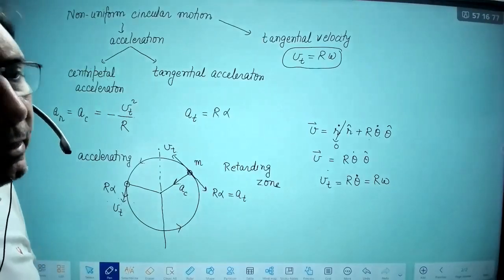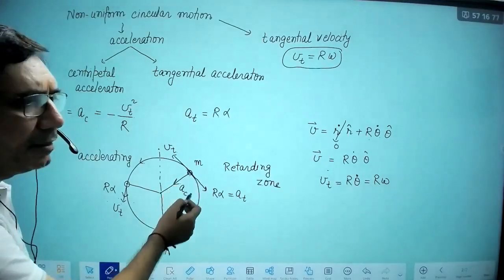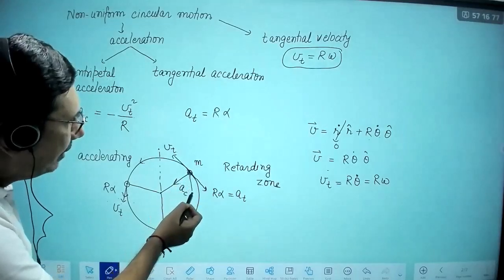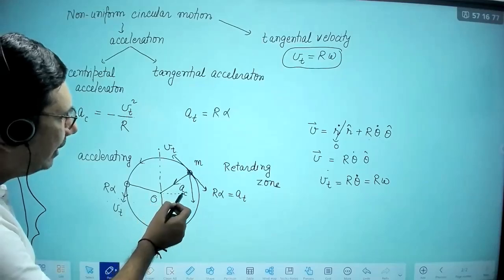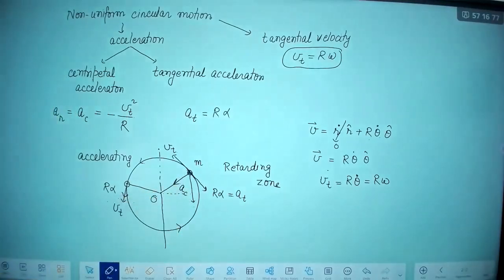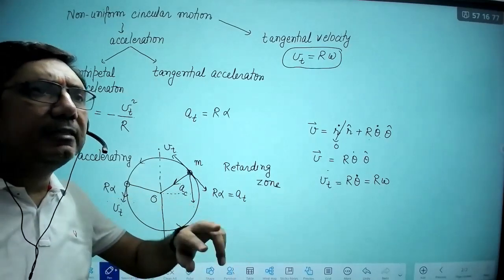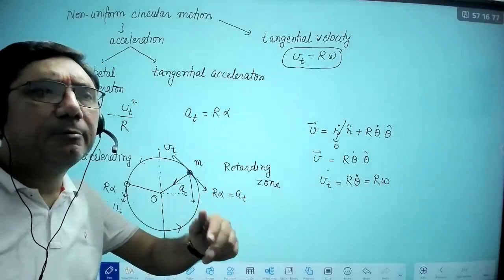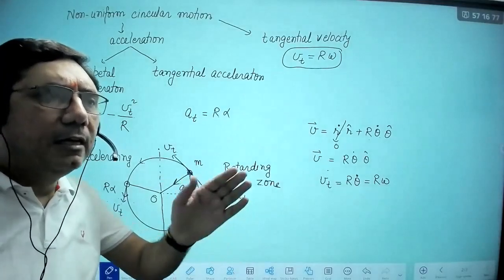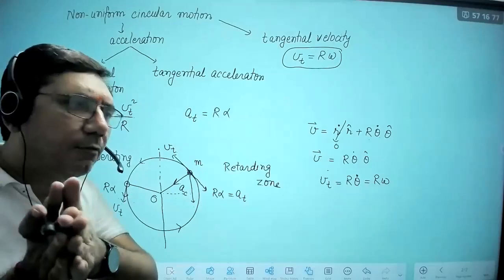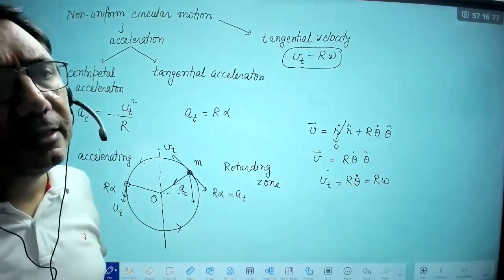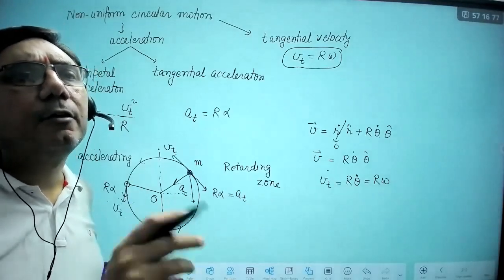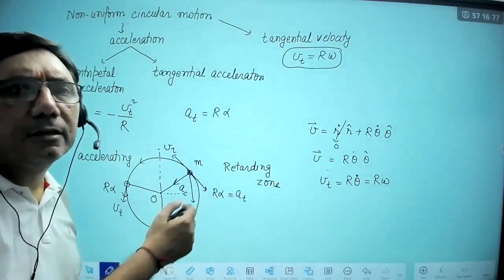And if you look at the weight, it acts in the downward direction, so there will be a torque about this point O. There will be a torque continuously acting on this particle. So that's why omega is changing. Why is speed changing? Because a force in the form of weight is continuously acting. Why is omega changing? Because the torque is non-zero. Always a torque is acting.